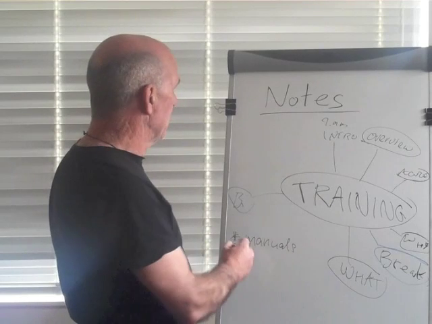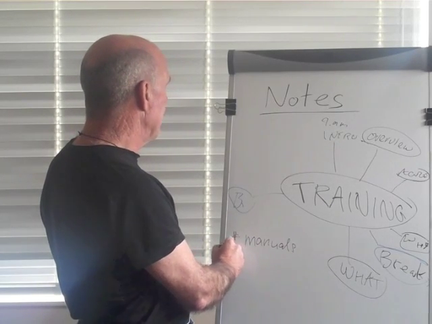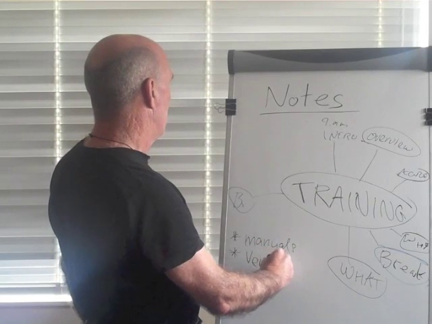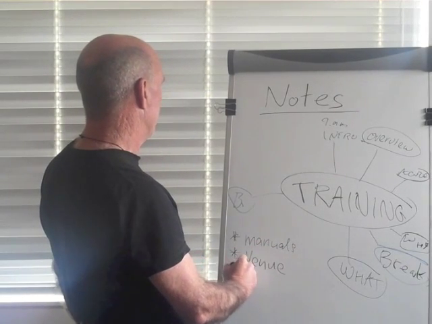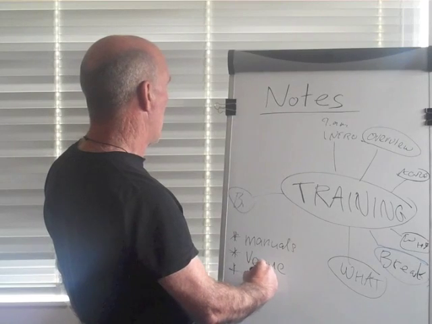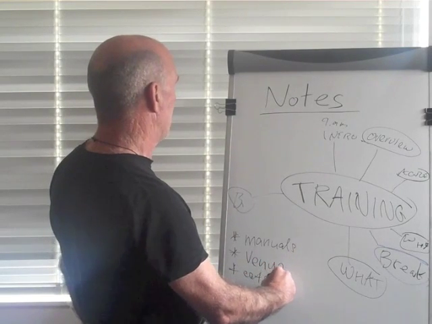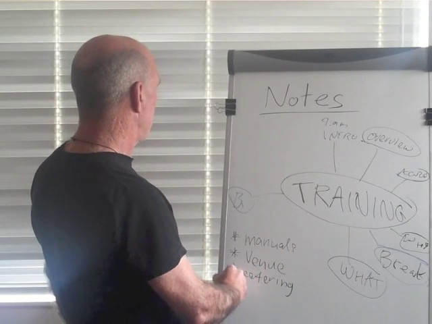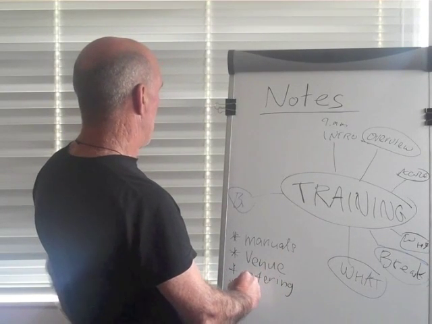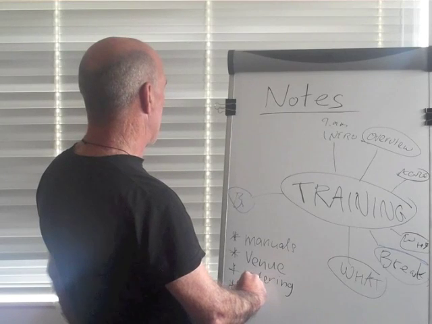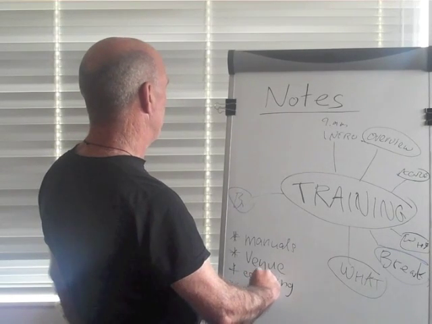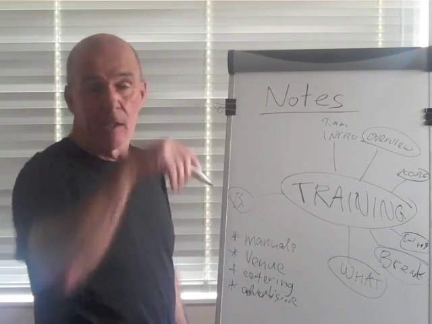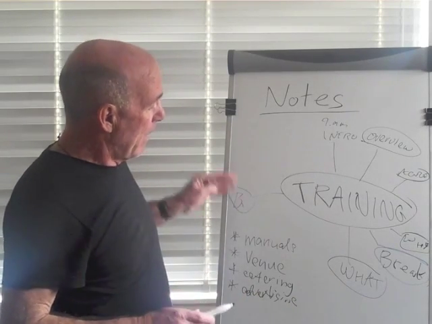And I'd need to maybe make sure that the venue has been booked and that catering has been sorted. I've actually got checklists for this sort of stuff, but this is just an example. Catering. Advertising and marketing. Have I done that?